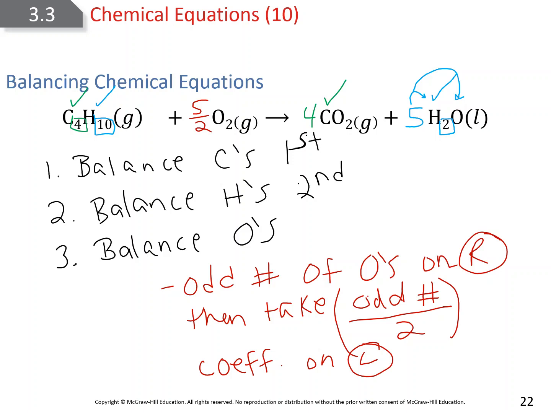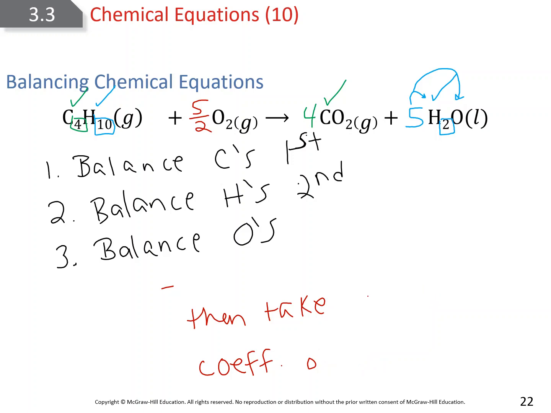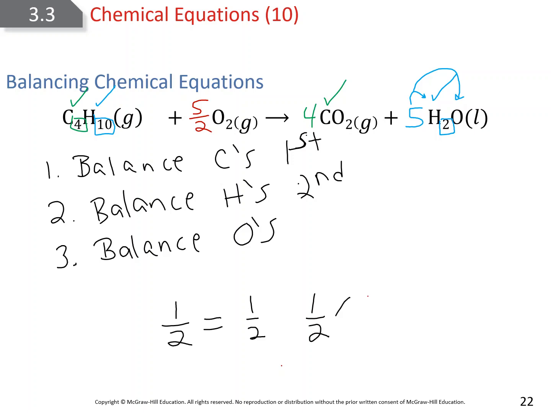Why can I do this? I can do this for one mathematical reason. If I were to say, for example, 1 over 2, yes, we know that as a half, right? But what if I said I had 1/2 of O2?